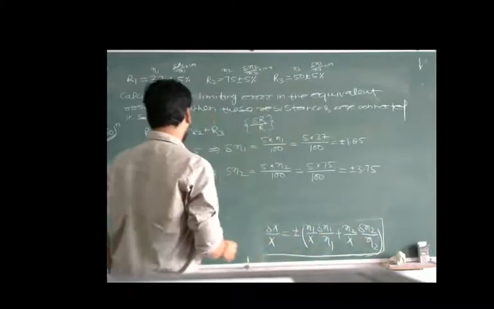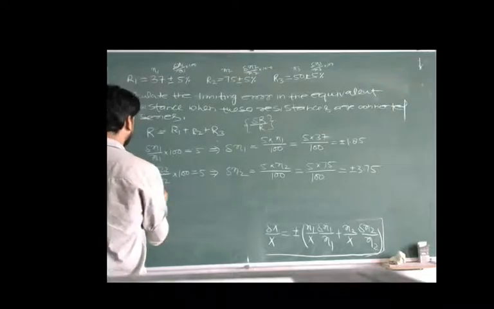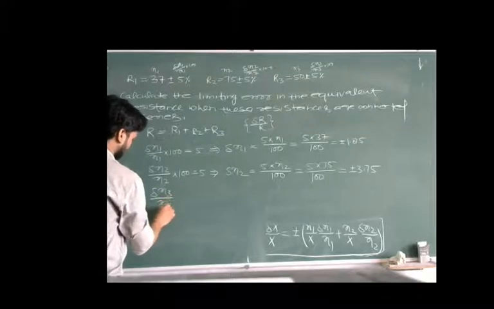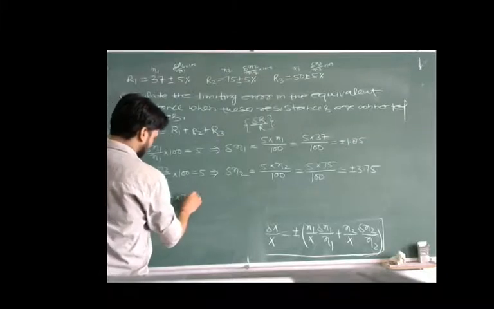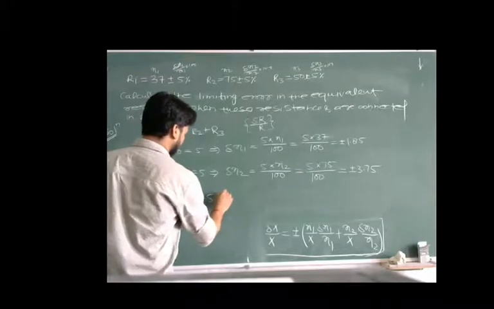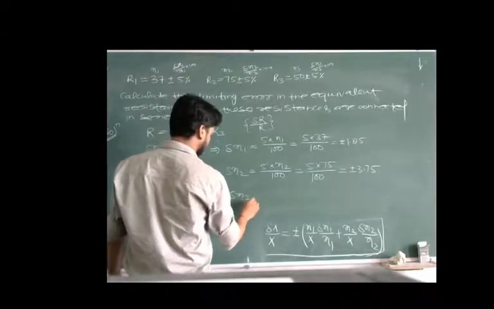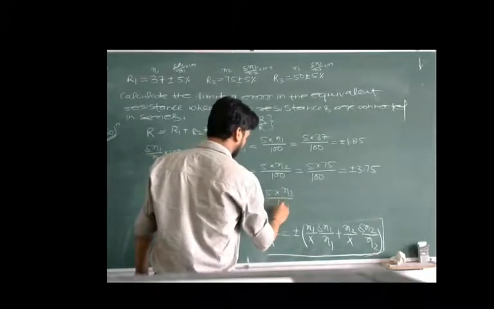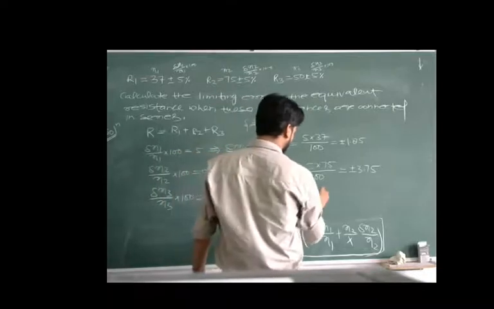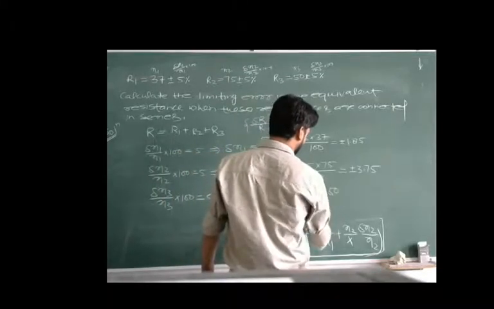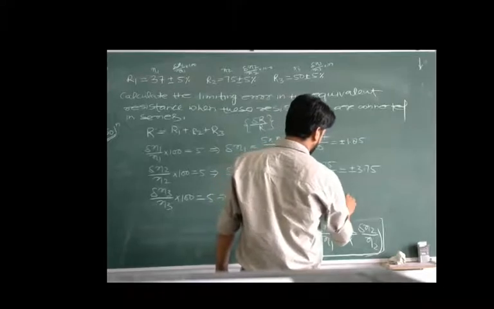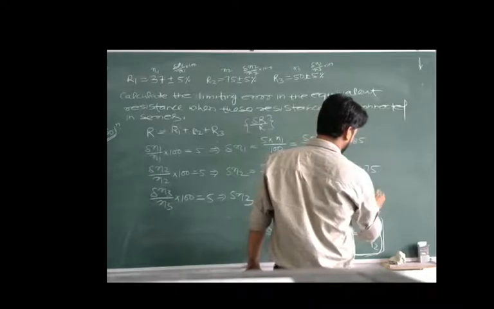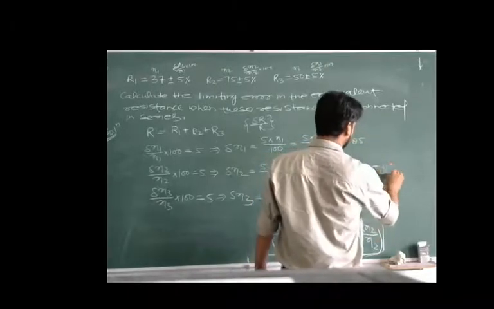Similarly, we can calculate the value of del x3. Del x3 over x3 into 100 is equal to 5. Del x3 is 5 into x3 upon 100. The value of x3 is 50 ohm. 5 into 50 divided by 100 is equal to 2.50 ohm.